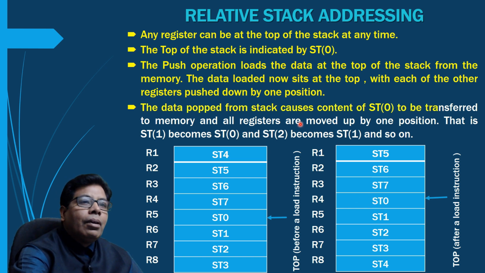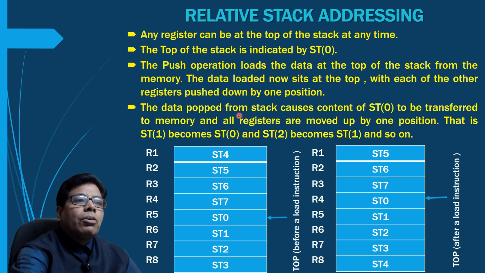The reverse operation, pop from the stack, causes the contents of ST0 to be transferred to memory, and all registers are moved up by one position. So when we do the pop operation, all registers are moved up, and when we do the push operation, at that time all the registers are pushed down.